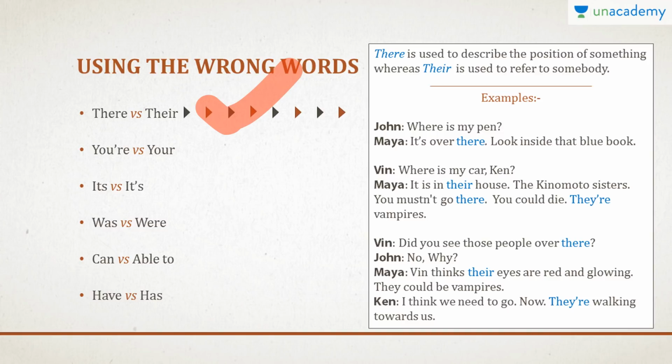Or if you're pointing to something in the sky, you would say, there is a moon, or there are the stars. Another example would be, I want to go over there and sit. Let's go over there.